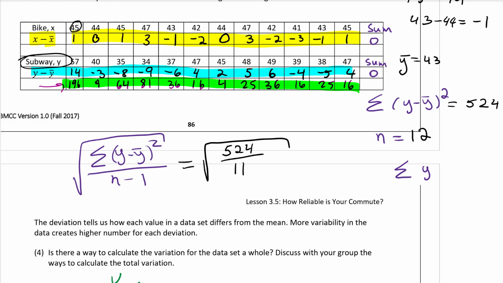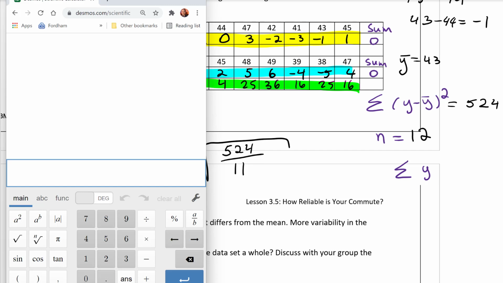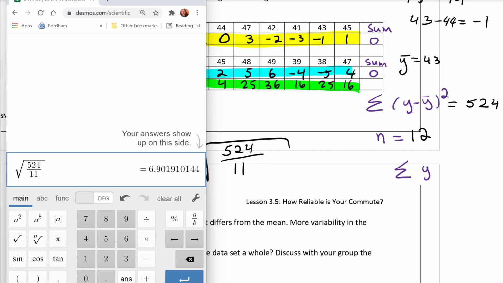Now, I just want to put this in the calculator for you because I know some students are having trouble with correct substitution in the calculator. You can go ahead and use a decimal scientific calculator. I really like it because it allows you to put things nicely. So I can put the square root, I can also use a fraction, and I can nicely put my numbers in here, and it will give me the result.